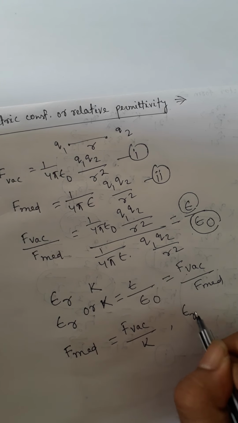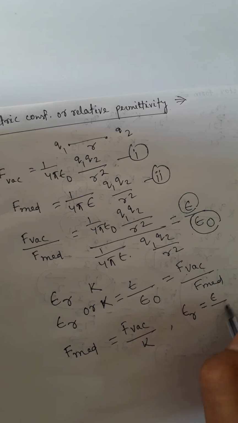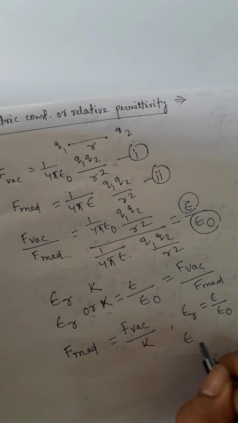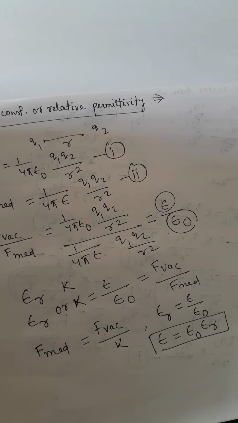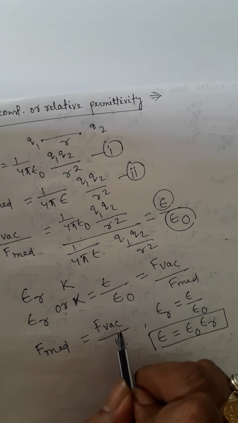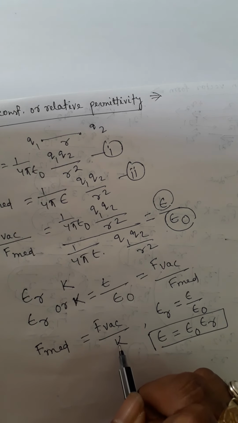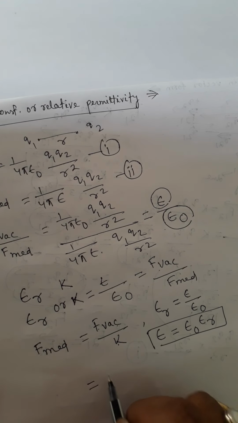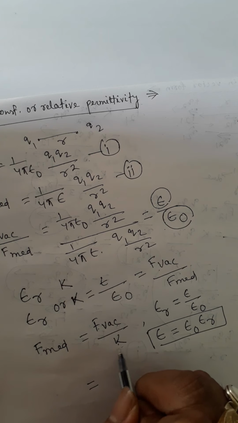since epsilon r is equal to epsilon divided by epsilon naught, so we can write epsilon is equal to epsilon naught into epsilon r. So force in medium is equal to force in vacuum divided by dielectric constant or relative permittivity. So we can write it 1 by K. What is the value of K?